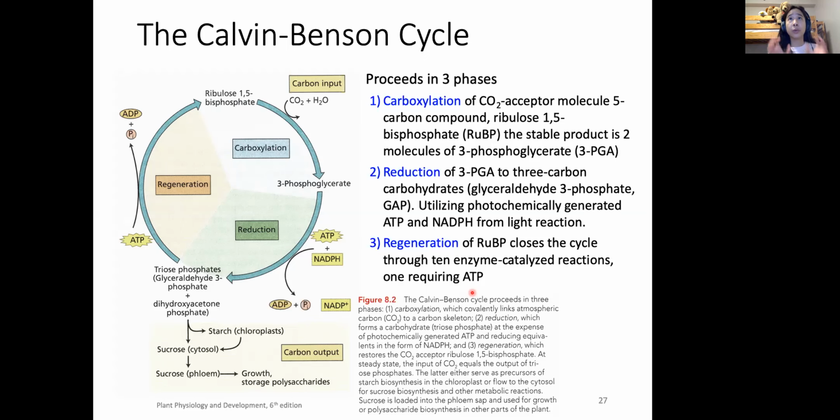So later we put the two names together, the Calvin-Benson cycle. So let's go back to our lecture.